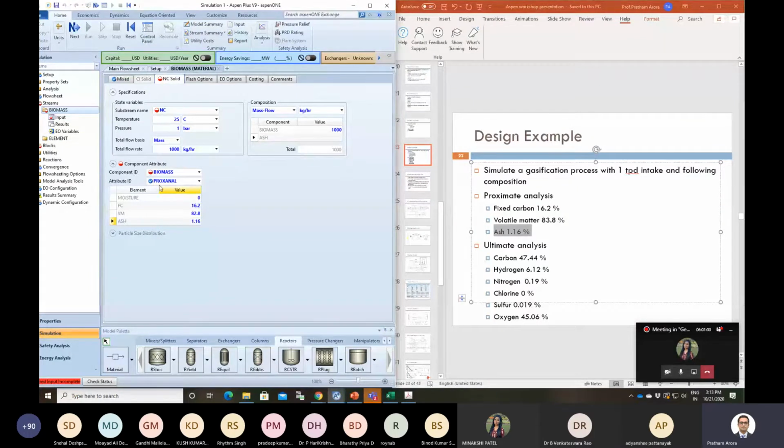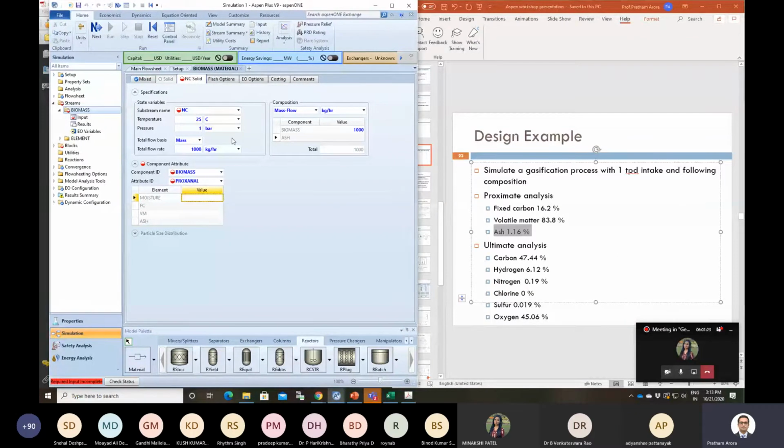So the moment I give all the values, it turns to be a tick mark in blue. In case any of these values is missing, so if I don't give all these values, it comes red. So this is a way to determine in Aspen Plus if the required values have been given or not. The moment it changes into blue means all the values have been provided.